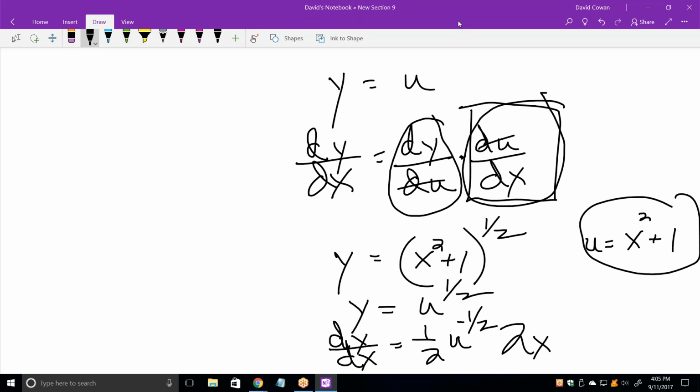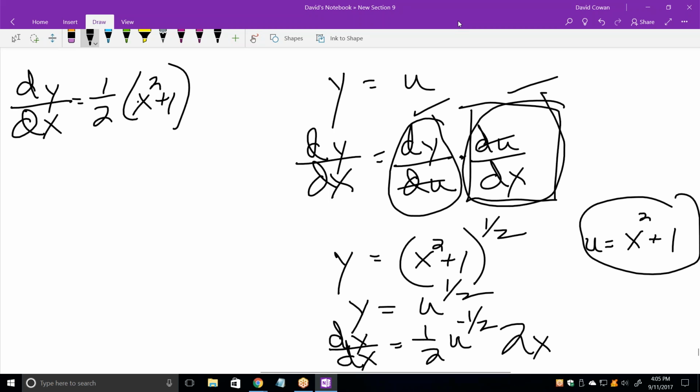In other words, this was dy/du, and this was du/dx. Now I go back in and substitute back for u. You don't usually have to make this u substitution, but u is x squared plus 1, still to the negative 1/2, and it's still multiplied by 2x.